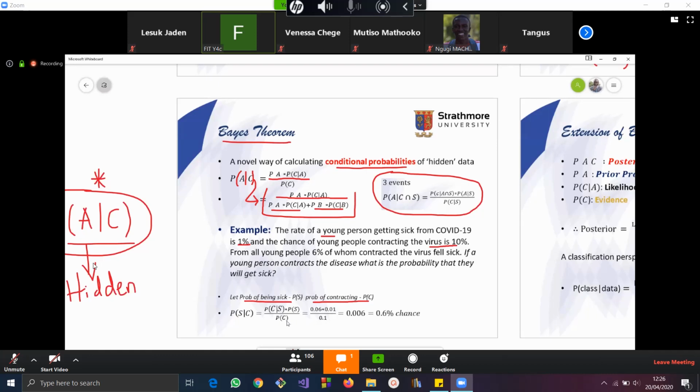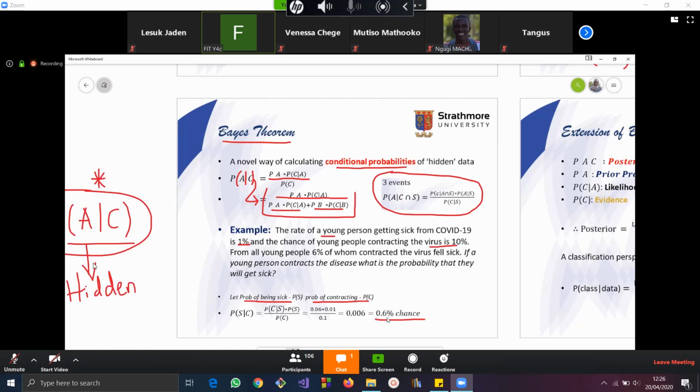And the probability of contracting the virus is captured here. When you do this, you actually get a 0.6% chance that if a young person gets COVID, they will get sick.